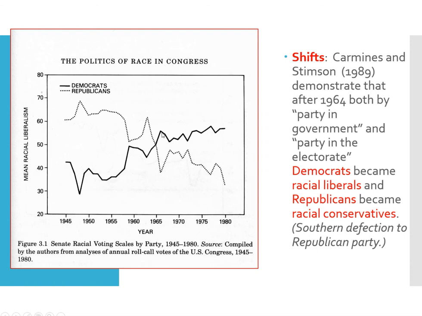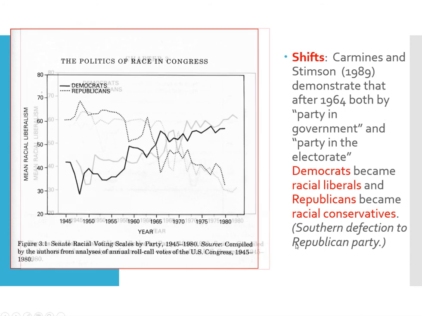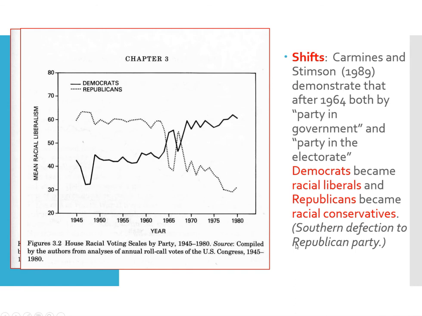So you had these Southern Democrats begin to move to the Republican Party, and so the parties then split. And by 1980, in the Senate in particular, they were exactly the opposite poles between the parties, the Democrats more racially liberal, the Republicans more racially conservative. A similar clarifying pattern became true in the House. A little more bumpy here in the middle, but certainly by the 1980s, it had clarified and the parties had switched.